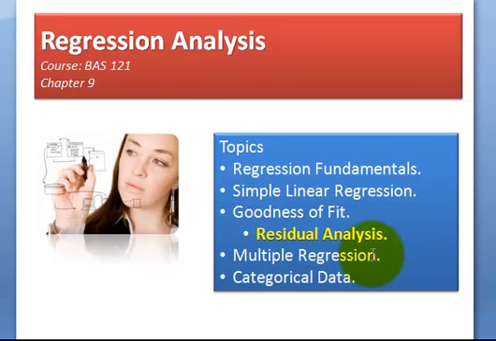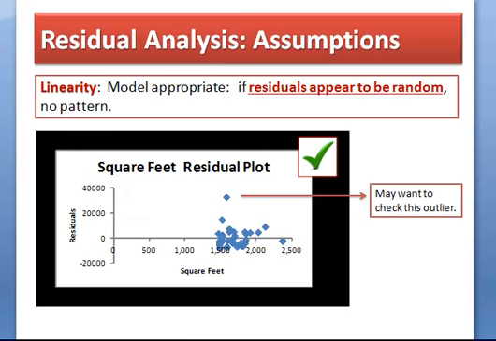Let's talk a little bit about residual analysis. How do we know if we have a good fit or assumption? There are a couple of checks we need to make. The r squared tells us that a lot is explained, but we also need to check assumptions to make sure that our model really is a good fit. First thing is to check for linearity.